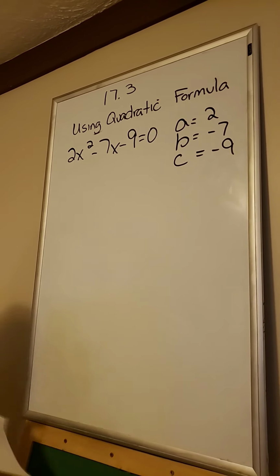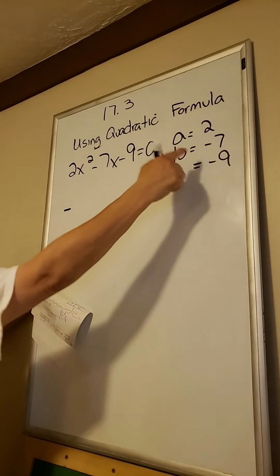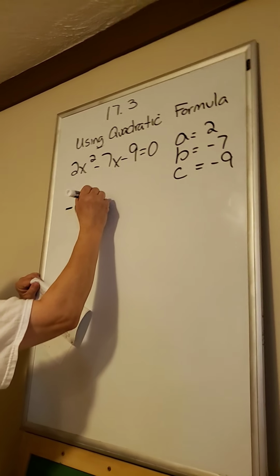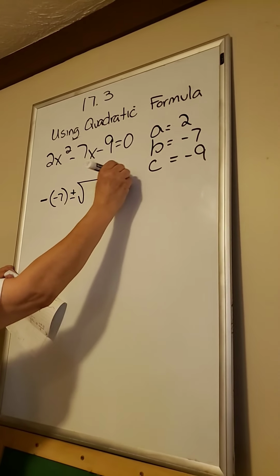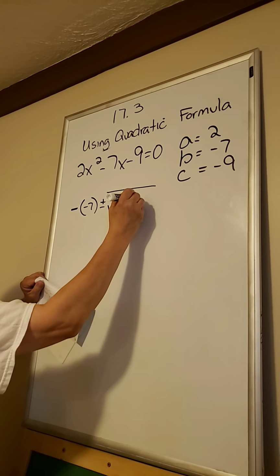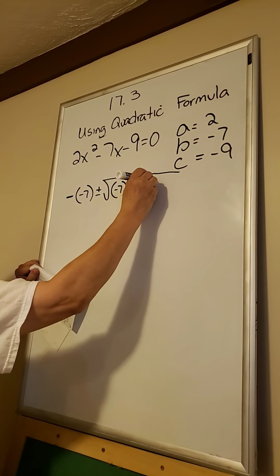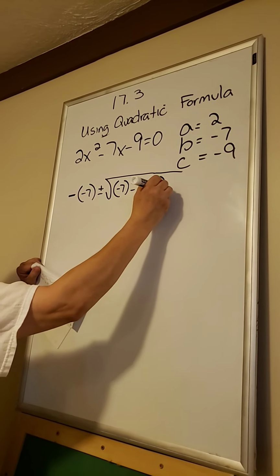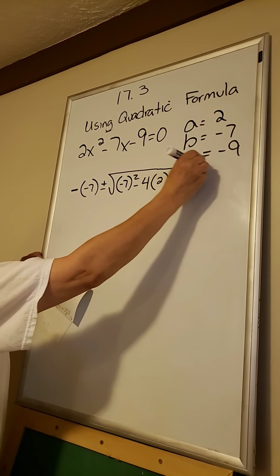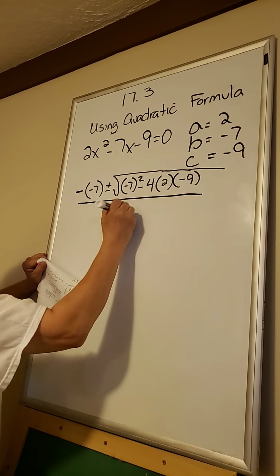So I have negative times B. What's my B? A negative 7. Plus or minus radical, I have B squared, so that's going to be negative 7 squared, minus 4 is for my formula, 4A, which is 2, and C, which is negative 9, over, all this is over 2A. 2A, A is 2.